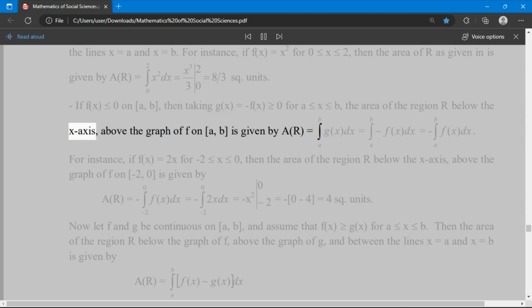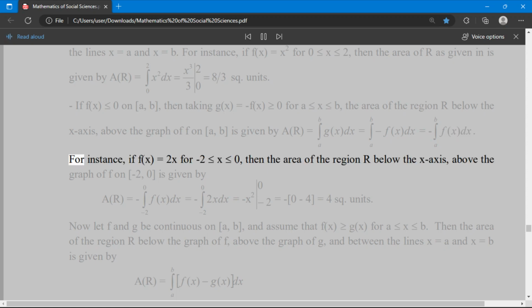If f(x) ≤ 0 on [a, b], then taking g(x) = −f(x) for a ≤ x ≤ b, the area of the region R below the x-axis, above the graph of f on [a, b] is given by A(R) = the integral of g(x) dx = the integral of −f(x) dx from a to b.